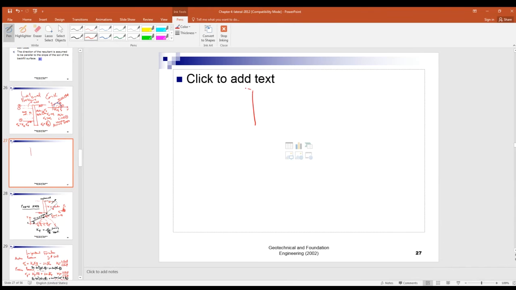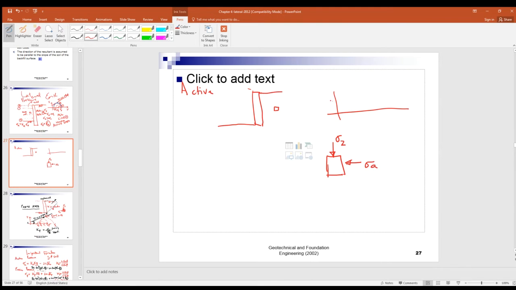First of all, you have an active case. That is the retaining wall, right? Now, take a look at the Mohr circle. Remember, this soil element, if you enlarge it, this soil element, the sigma is that, and here is the sigma A, right?